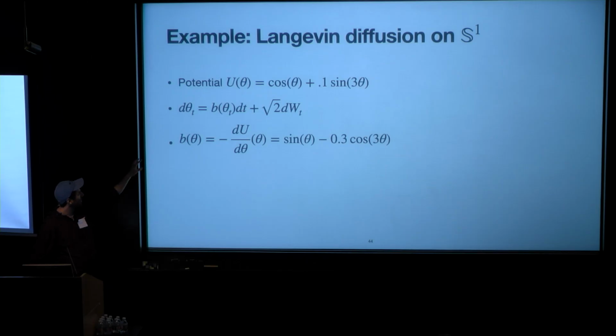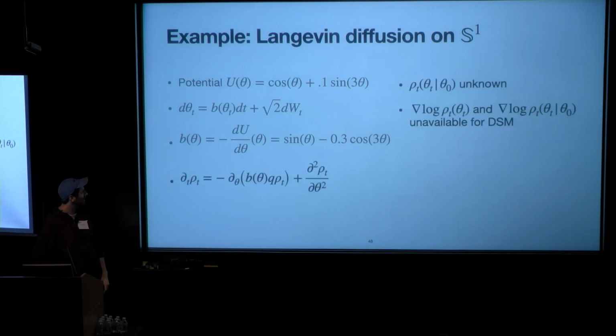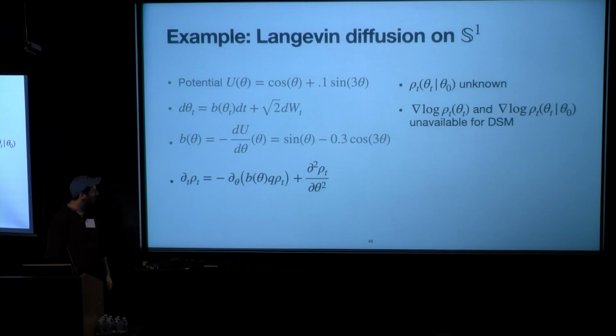It has a drift that's nonlinear because the derivative of U with respect to theta for that potential is a nonlinear function. This is what it looks like. But already, even with this simple 1D example, the time derivative of the density is not generically solvable for different b functions. So just a cute example of where these kinds of things come from.